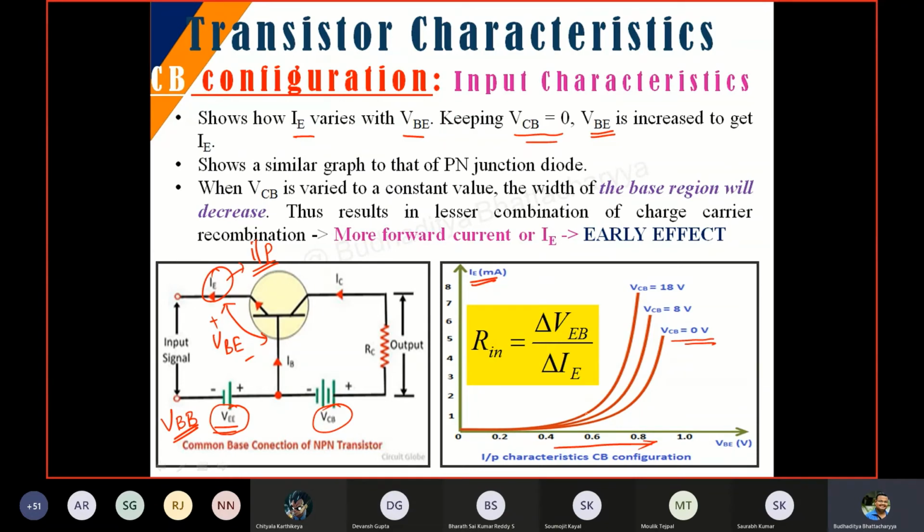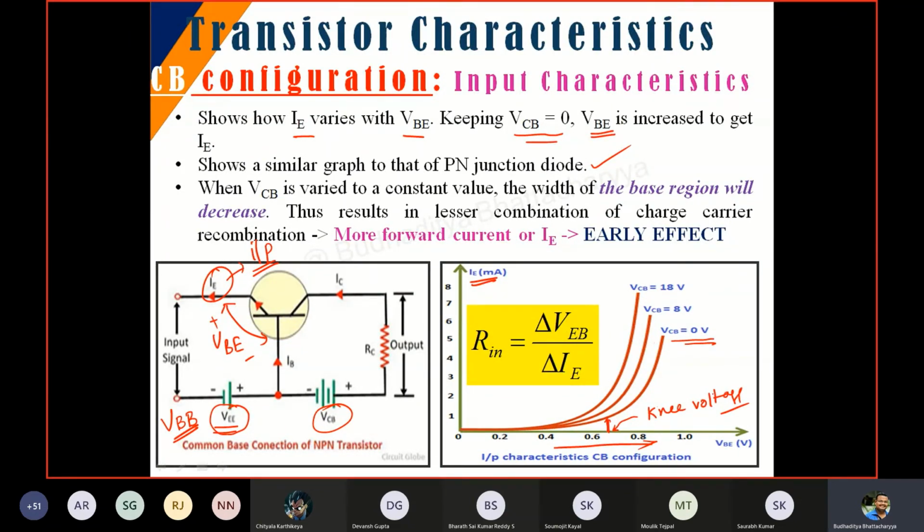So we are getting a curve which looks similar to a diode characteristic curve after a particular voltage, for example about this point, or somewhere close to it. You can observe that there is a sudden rise in IE, that is expected. Can you see the second point? It shows a very similar graph to a PN junction diode, and you can also observe that there is a small voltage somewhere over here, which is sometimes called the knee voltage, after which the IE current starts to increase.